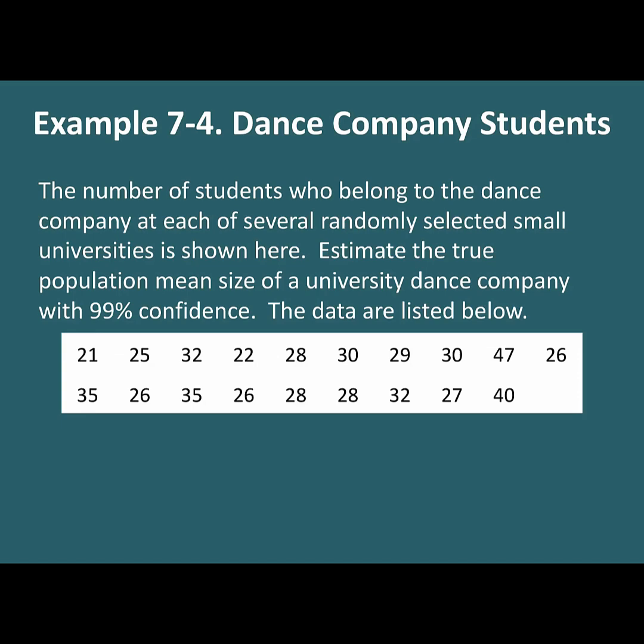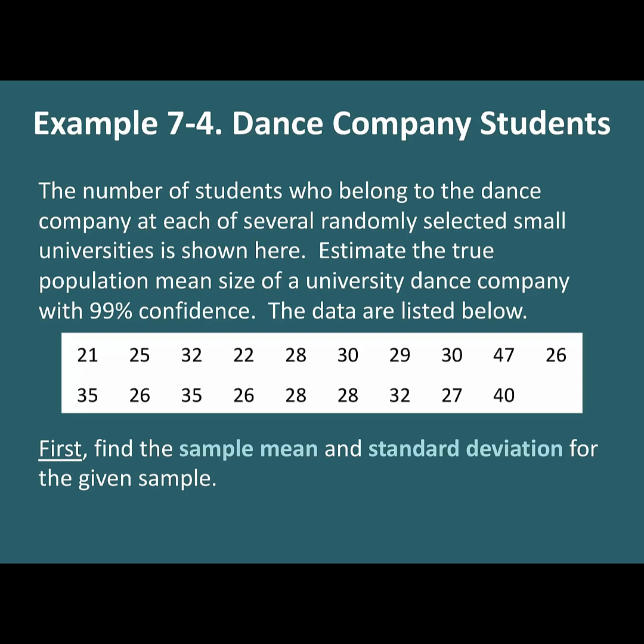Let's take a look at an example. The number of students who belong to the dance company at each of several randomly selected small universities is shown here. Estimate the true population mean size of a university dance company with 99% confidence. The data are listed below. First, find the sample mean and standard deviation for the given sample.